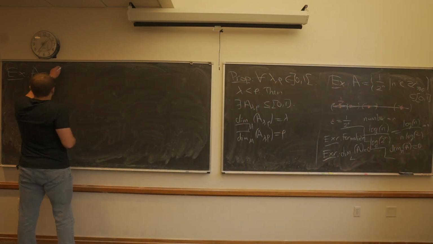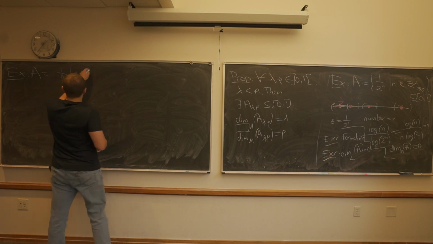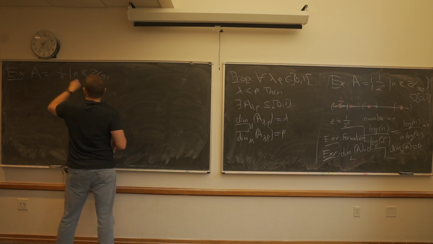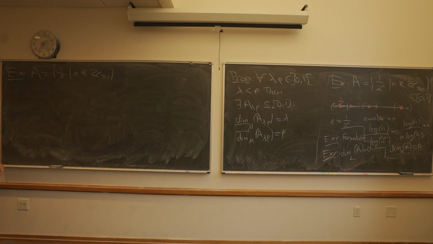So let's look at this. 1 over n. So you see, this is a polynomially converging sequence. It's not as fast as that guy. Any guesses as to what the dimension of this is?